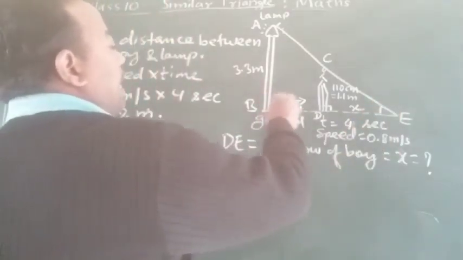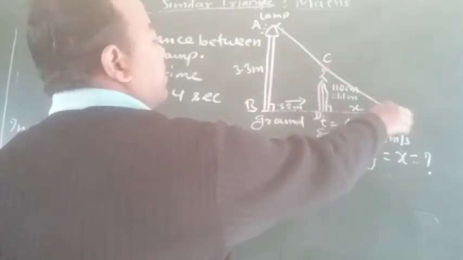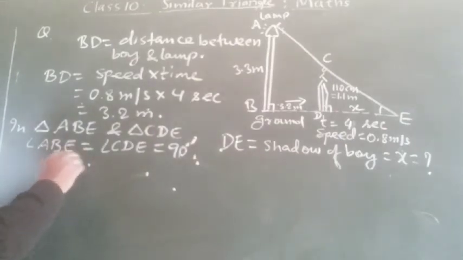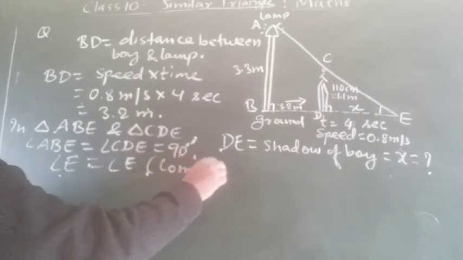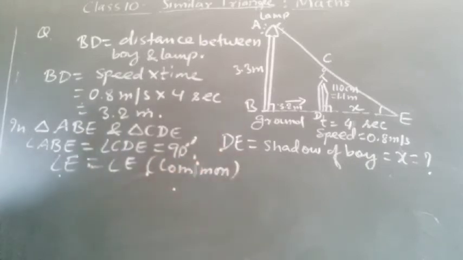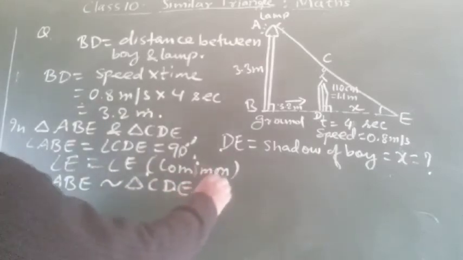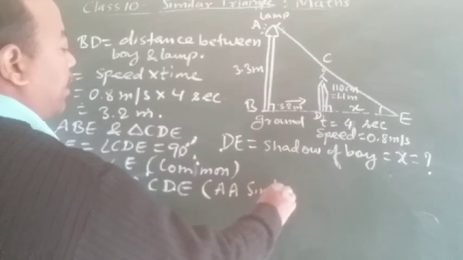This angle is 90, this angle also 90, and this angle is common in this triangle and the big triangle also. So we can write angle E equals angle E, common. So we can say triangle ABE is similar to triangle CDE by angle similarity.